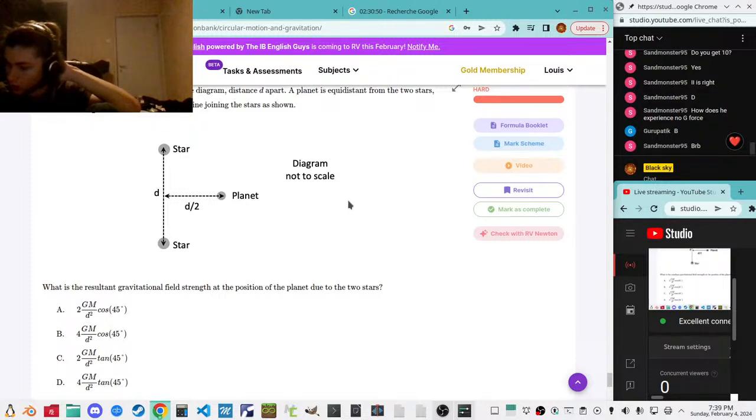So d squared over 4 plus d squared over 4, that's d squared over 2, square root. So d over root 2. So that's the distance.